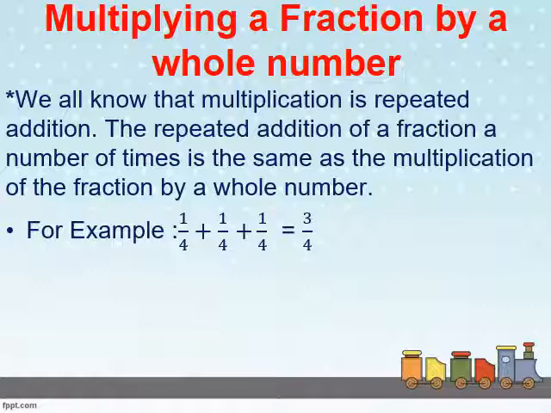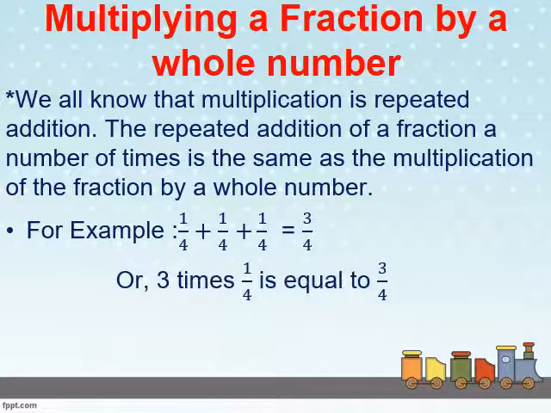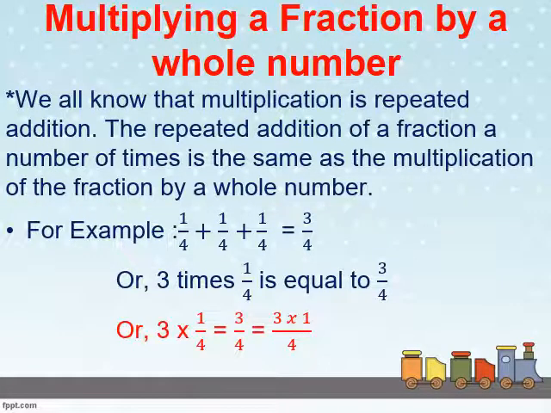For example, when we add 1 by 4 plus 1 by 4 plus 1 by 4, it is equal to 3 by 4, right? Or we can say that 3 times 1 by 4 is equal to 3 by 4, because we are adding 1 by 4 three times.